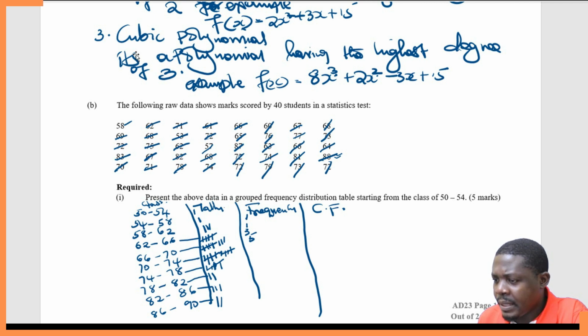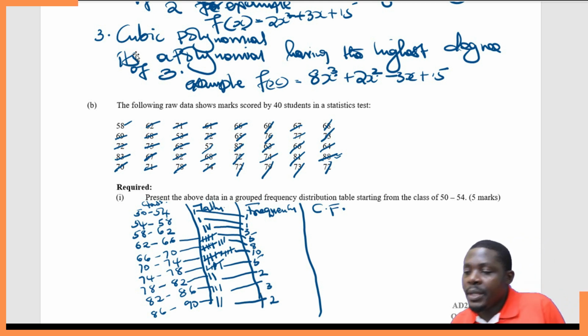This one we hit 5, 7, 8. This one we hit 10. This one we hit 5, 2, 3, 2. Just use those lines so that you don't get confused. That's 3, 5, 8, 10, 5, 2. I guess it's a bit clear now.